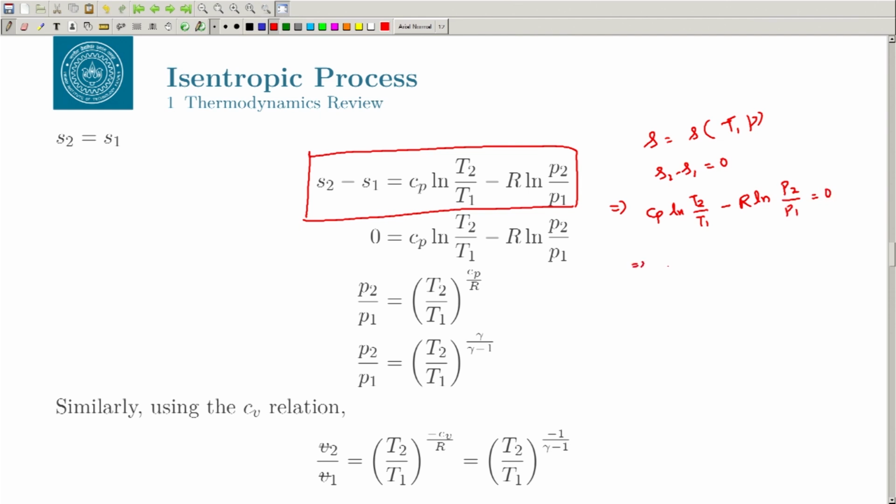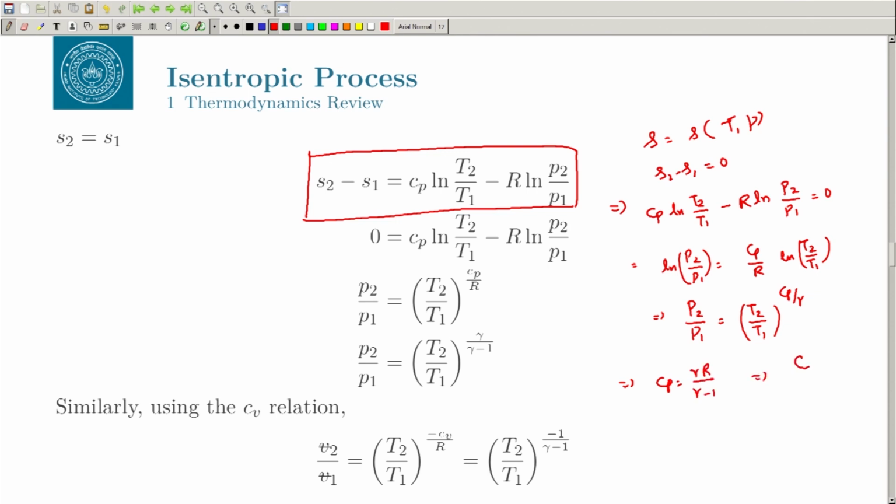And then you can manipulate it. Ln P2 by P1 will be equal to Cp by R ln T2 by T1. So, that means P2 by P1 will be equal to T2 by T1 to the power Cp by R. Now, recall we had discussed Cp equal to gamma R by gamma minus 1, therefore, Cp by R will be equal to gamma by gamma minus 1.